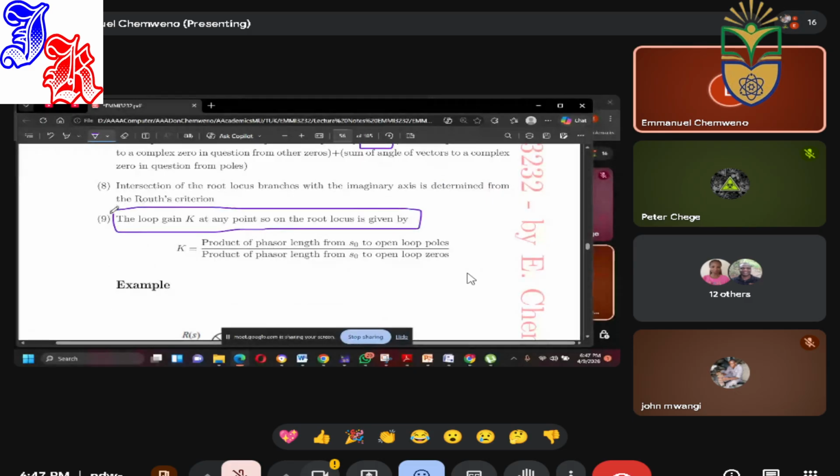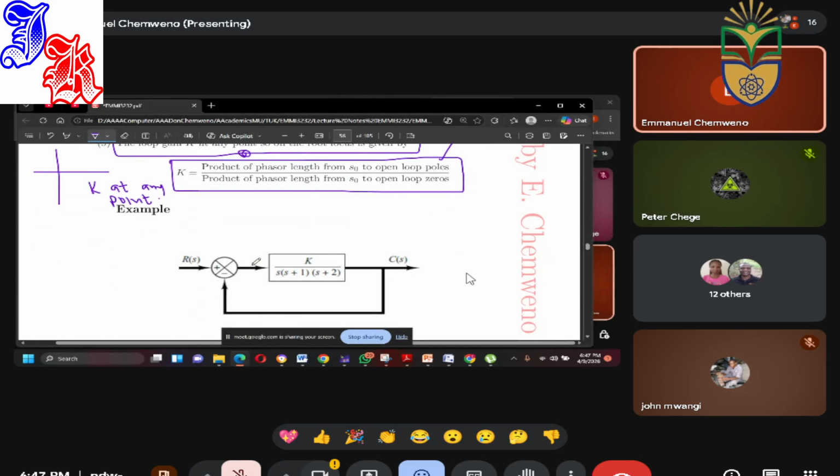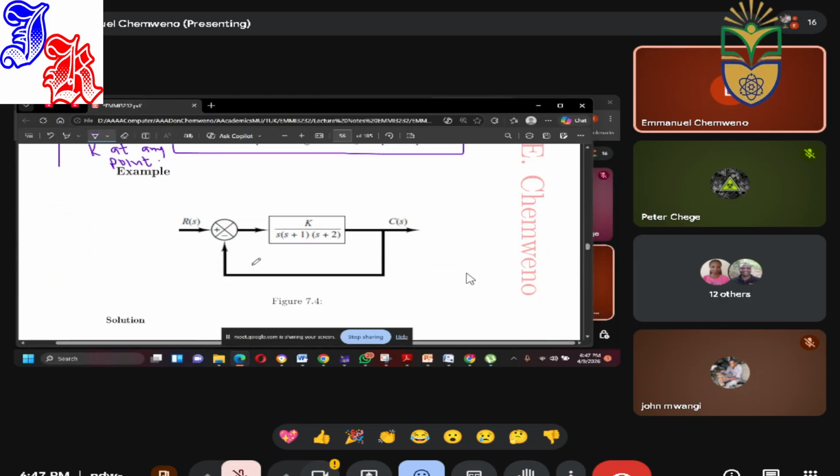At any point, you can determine the loop gain from the magnitude condition, which is the phasor length. We'll look at an example. With the locus, you can determine K at any point. Let's look at a few examples.